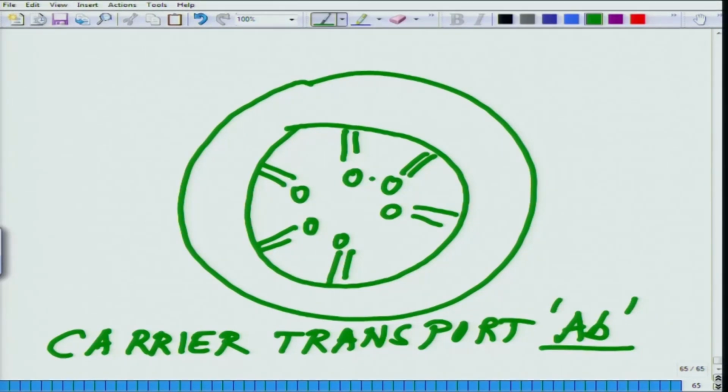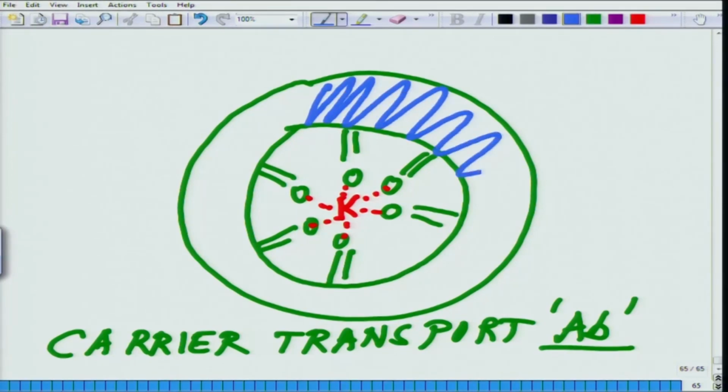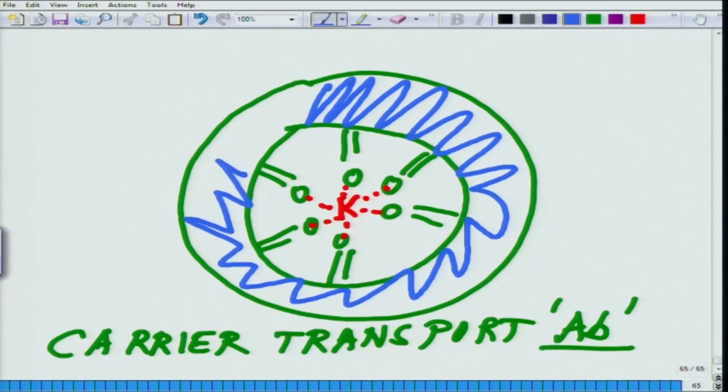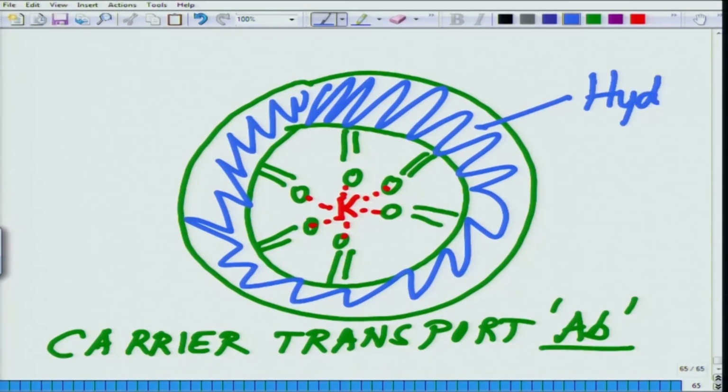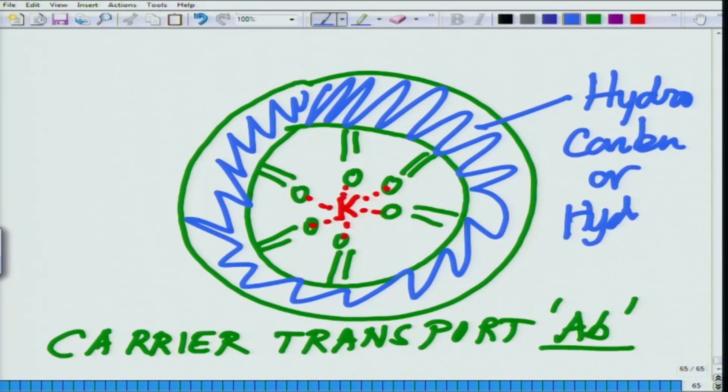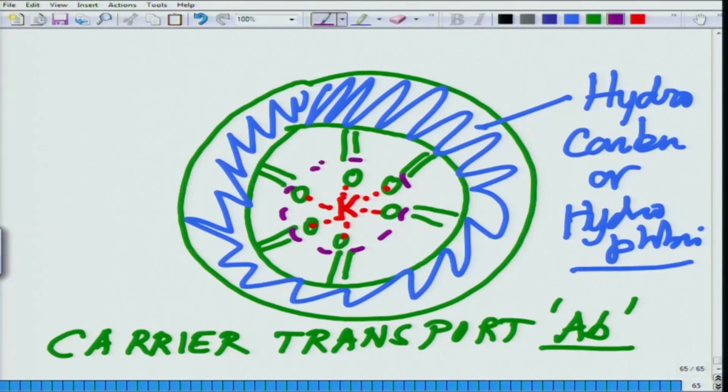These are the oxygen atoms, and in the center you have a potassium ion which forms a coordination complex with 6 oxygens, and this is the hydrocarbon or hydrophobic part of it, and this part what you see out here is the hydrophilic core.